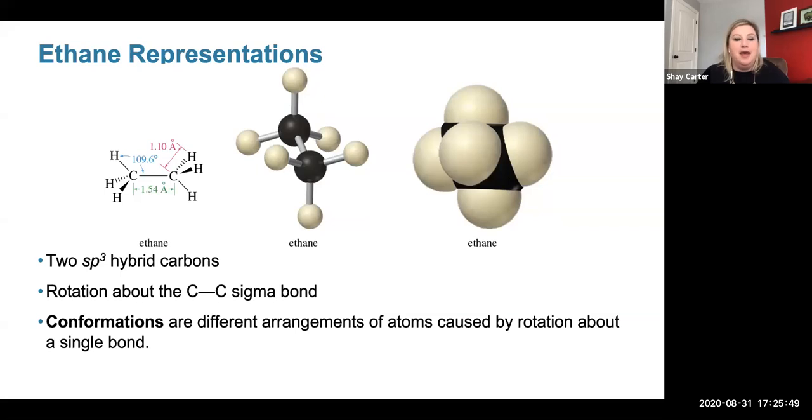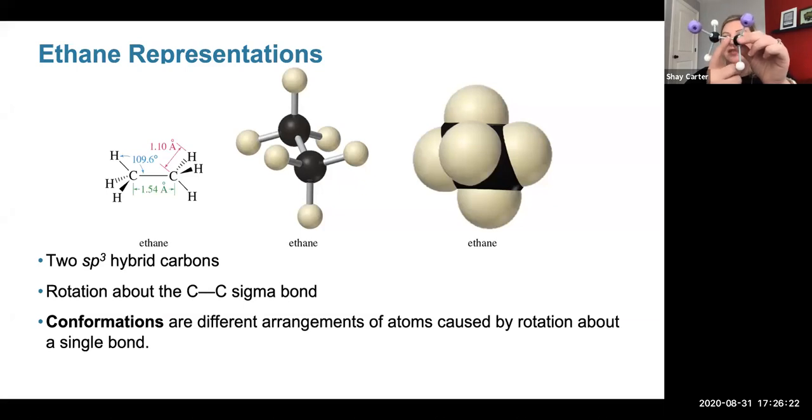Okay, so ethane. I have purple things here, but these are actually hydrogens if we're talking about ethane. So ethane has 2 carbons. Now remember, what's really important about our alkanes is because they don't have any double bonds, we have free rotation around that sigma bond. This is a sigma bond because it's a single bond. And remember, a sigma bond is the first bond in any multiple bond as well.